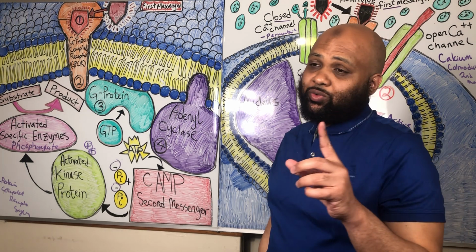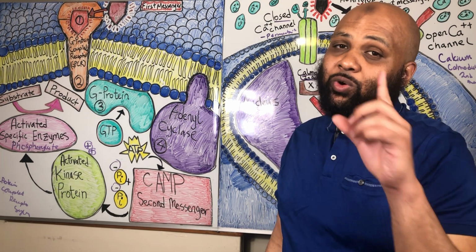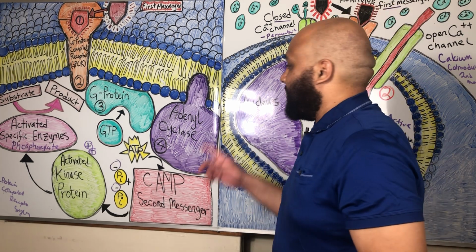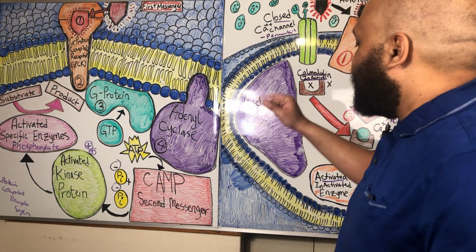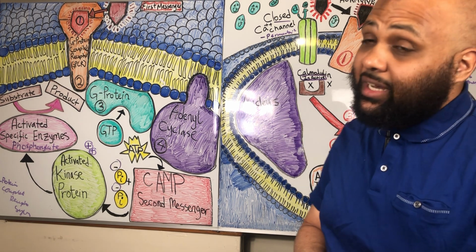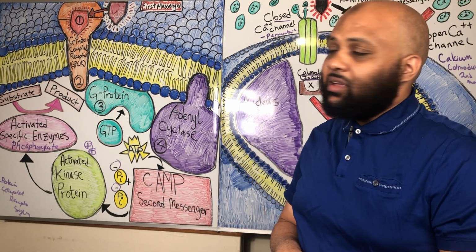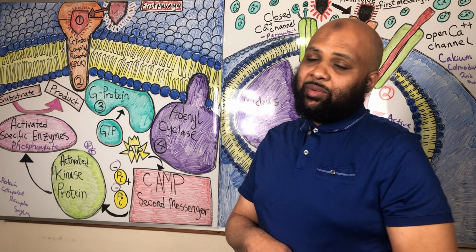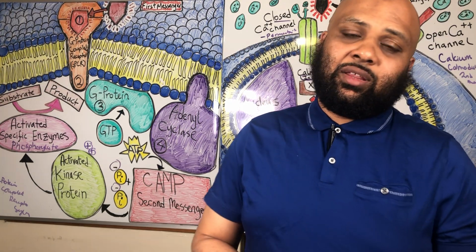So the exception to the rule is that only the thyroid hormone is able to cross into the nucleus. All the other second messenger systems, all the other non-steroid hormones, will have nothing to do with the nucleus. It is only the steroid hormones that will be involved in the nucleus. Thank you very much.